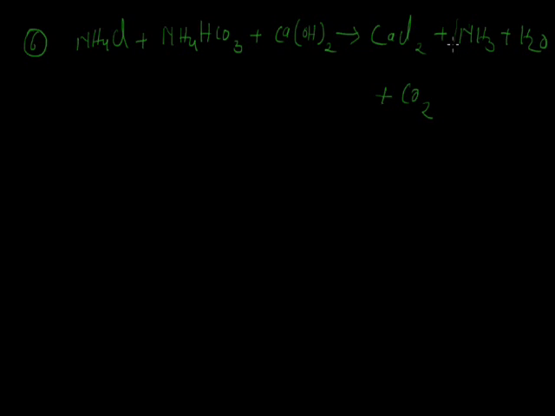NH3 and CO2 are used in the third step, and calcium chloride is the important byproduct of the Solvay process.